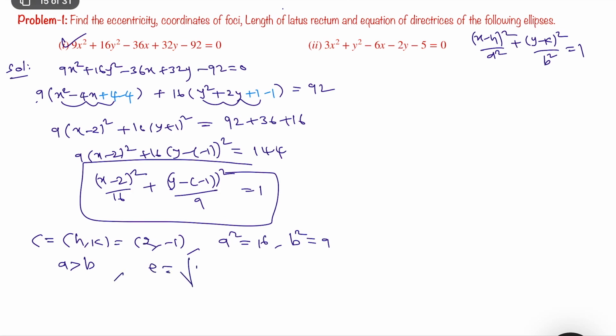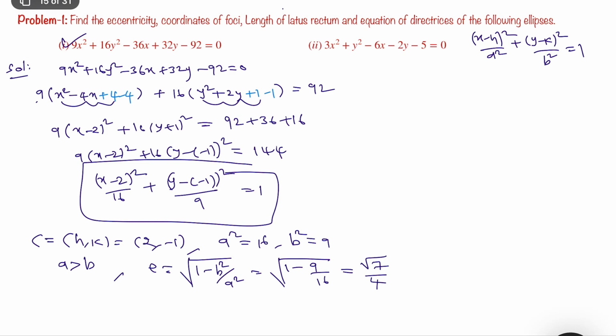In the a greater than b case, what is the eccentricity formula? e equals under root 1 minus b square by a square. B square is 9, a square is 16. So we have root 7 by 4. So the eccentricity e value is root 7 by 4.